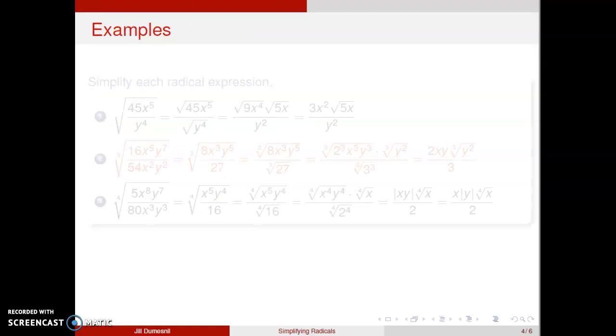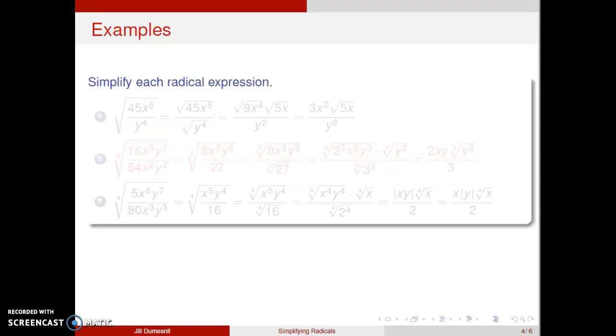Let's apply the process to some examples. Instructions on these problems will be to simplify each radical expression. First, consider the square root of 45x to the 5th over y to the 4th. Since the radicand is already simplified, we apply the quotient rule. Next, we need to simplify each radical.